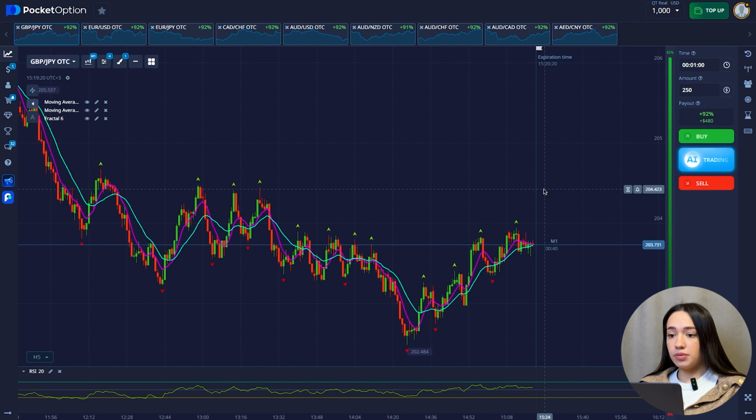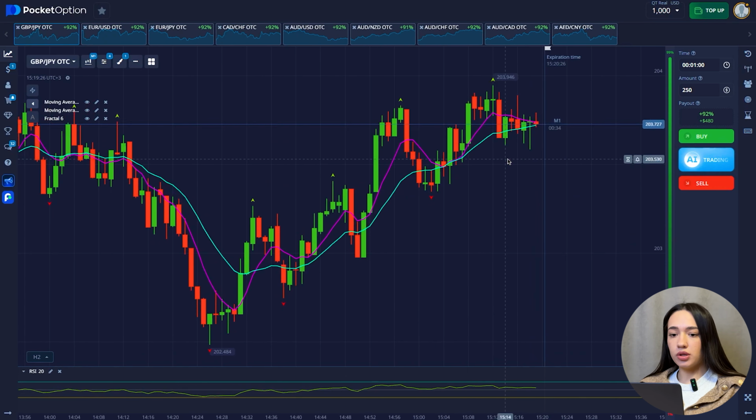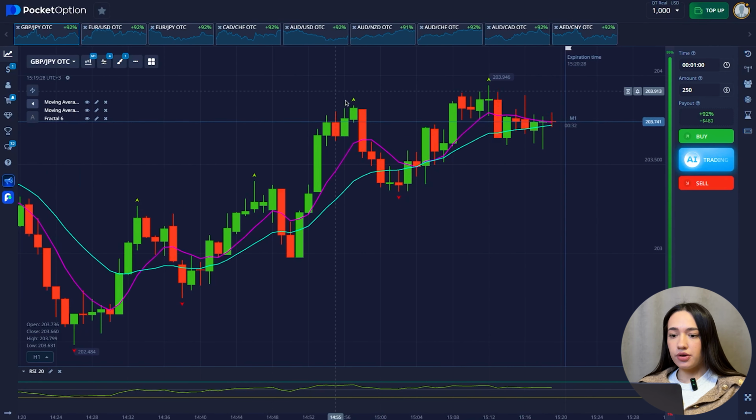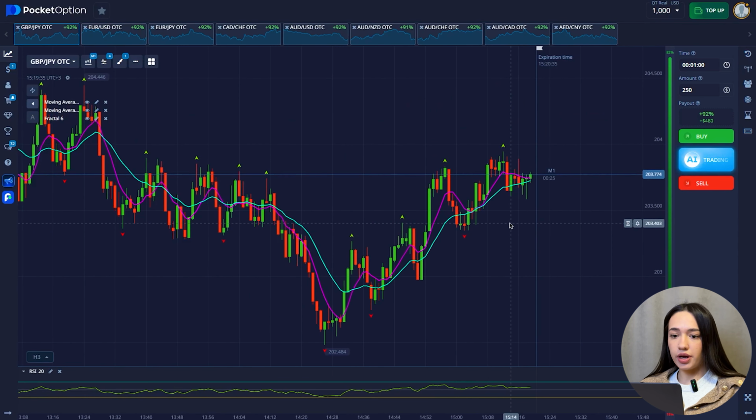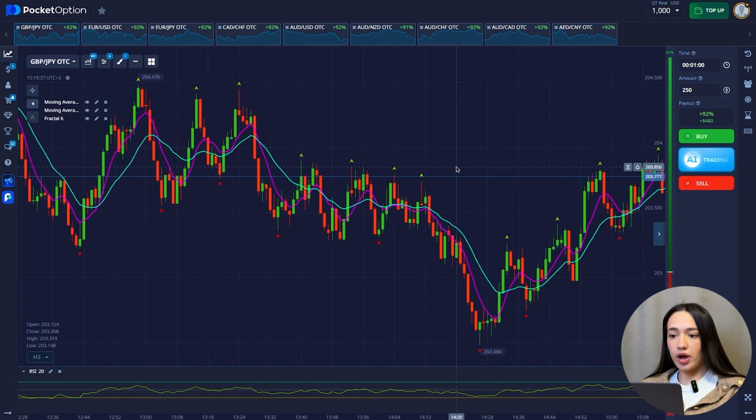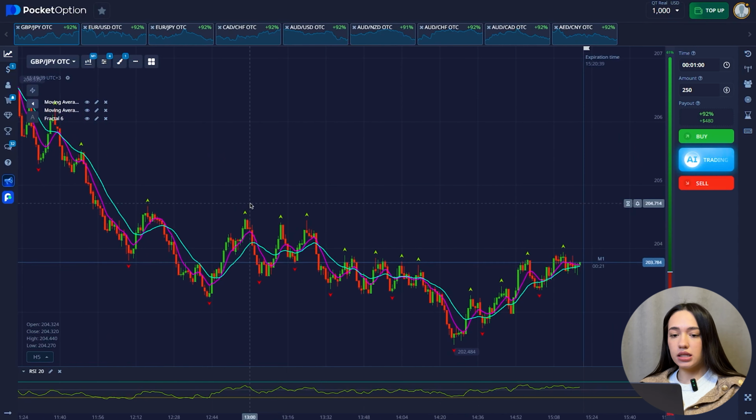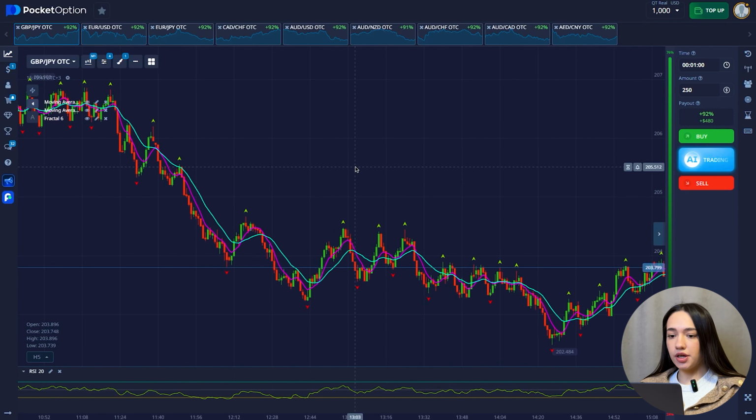And these can be local highs and local lows, as well as global high and global low. Well, they appear in the form of these triangles. If a high is updated, we see a green triangle, and if a low is updated, we see a red triangle.